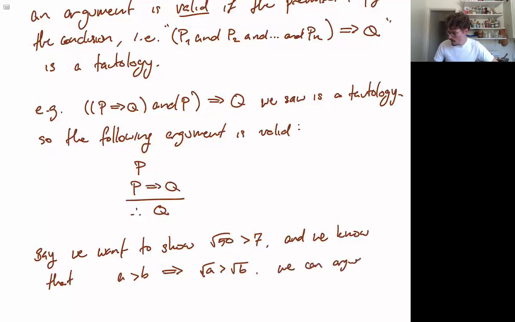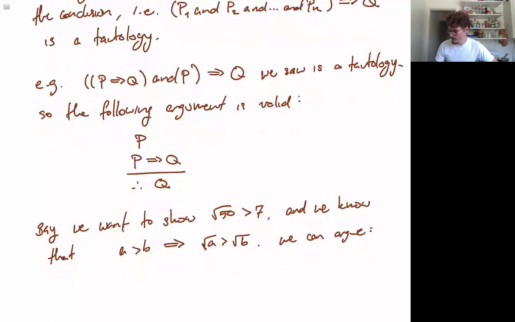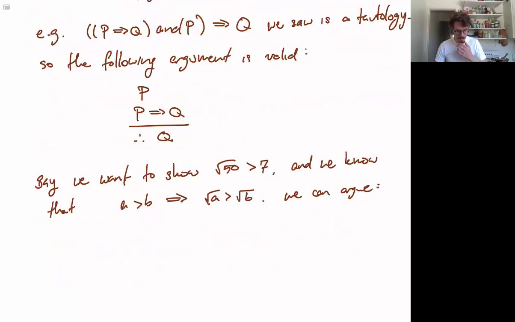Then we can make the following argument. So we know that 50 is greater than 49. So far, so good. We also know, by this fact, that 50 greater than 49 implies root 50 greater than 7, which is the square root of 49.